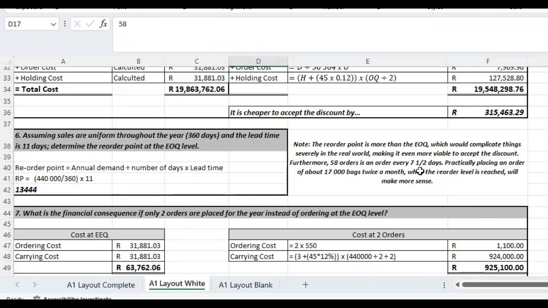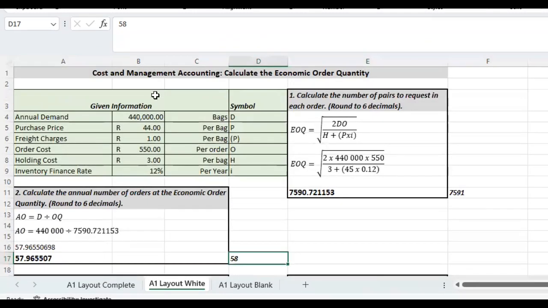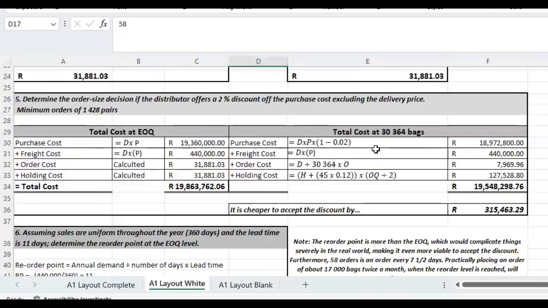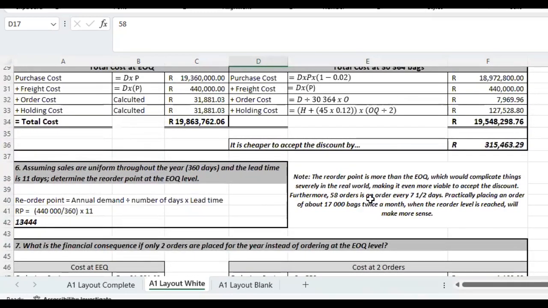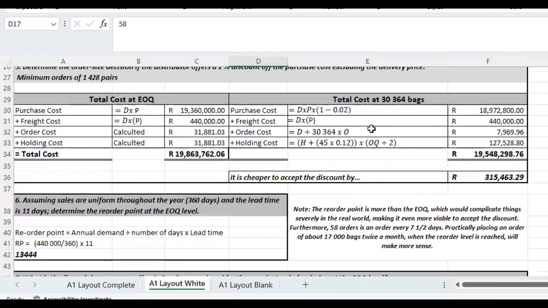So if you're cost accounting in a company, and this is the information that you're given, you will go through this entire process that we've gone through now, and you will do the calculation, and then you will say, okay, guys, if you can organize a 2% discount, it will be okay.